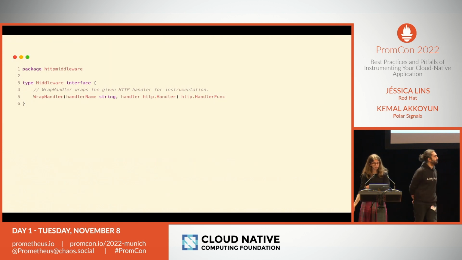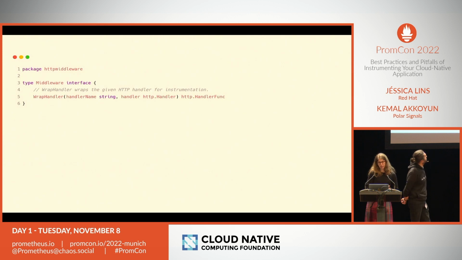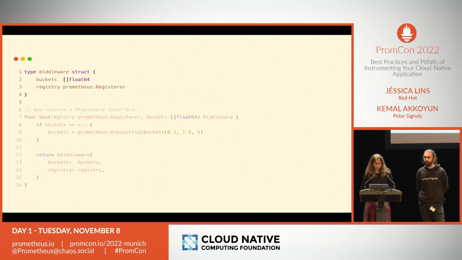Here, for example, we create a package, HTTP middleware. We define our middleware interface. We have this wrap handler function that receives the handler name and also an HTTP handler, and then we return the HTTP handler function. Then we can create a struct: our middleware struct with some buckets as a field, so a list of buckets, and our registry.